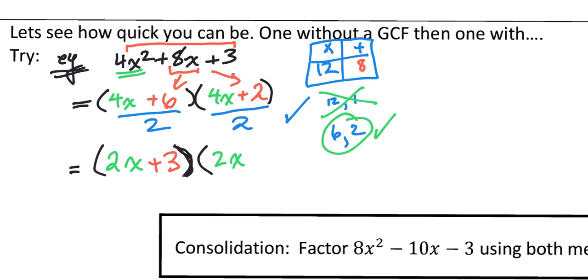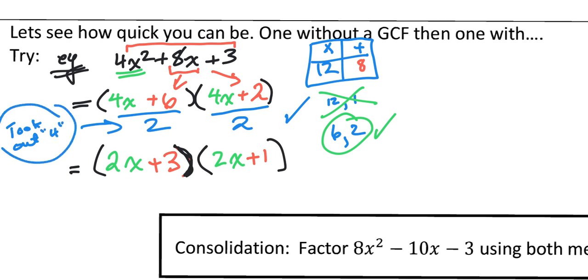And then 2 divided by 2 is positive 1. And guess what? We're done. Now, the reason why this works is because we took out a total of 4 from both brackets.